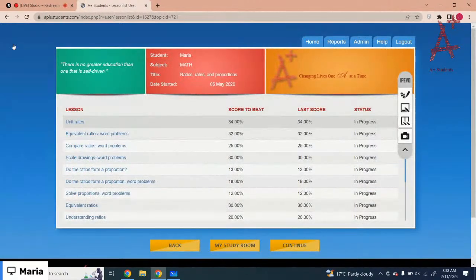The lessons we have covered today are: does the ratios form a proportion, do the ratios form a proportion word problem, solve proportions word problems, and equivalent ratios. Got it? Please make sure that before the next session you complete all the test questions for the lessons we did today. If you need more help with any lesson, you can contact any tutor on Skype. They are available from Monday to Friday, 5 to 9. Got it?